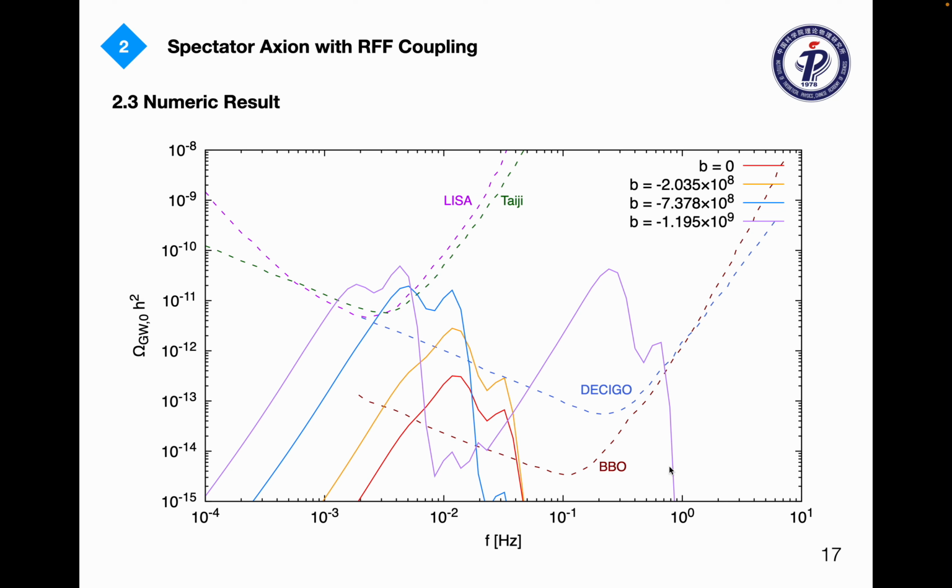And the double peak structure of this spectrum curve is due to the backreaction. Since the backreaction is strong, it will lead to oscillation of the velocity of the axion, just as I showed on the previous page, and therefore it will be reflected in the final plot of the gravitational wave spectrum.